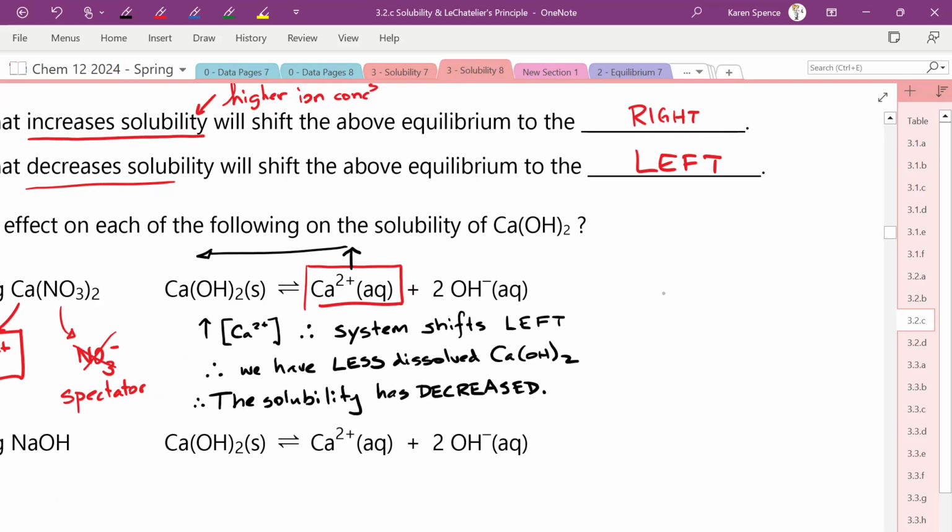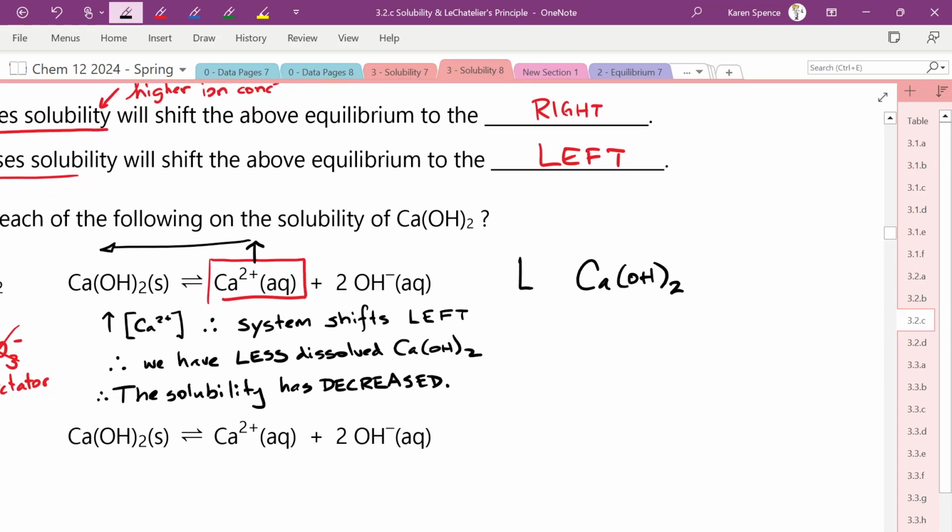Okay, so we can say, actually, we can say less Ca(OH)2 will dissolve.